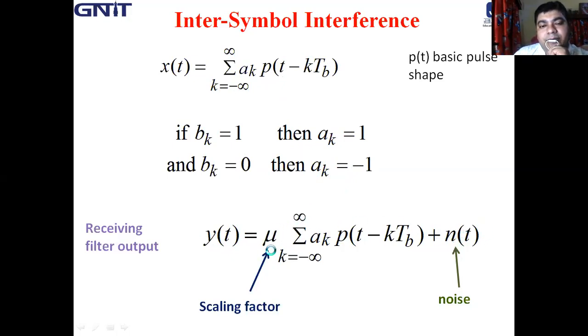Here mu is a constant factor, which is basically called the scaling factor, and in the receiving filter obviously some noise is added in the channel, so that noise part comes in the receiving filter. So the output of the receiving filter y(t) is equal to mu into summation over k equal to minus infinity to plus infinity of ak p(t minus k Tb), plus the added noise.